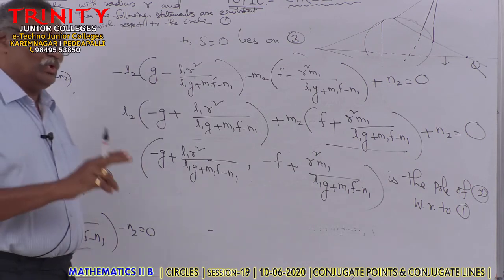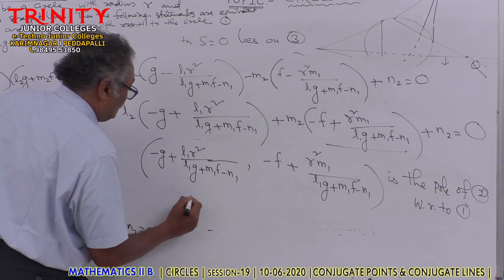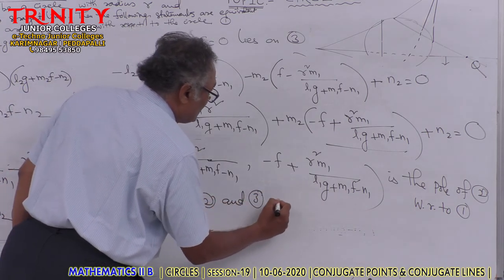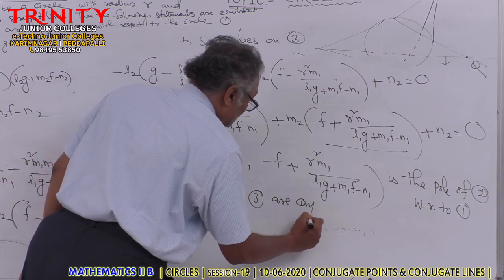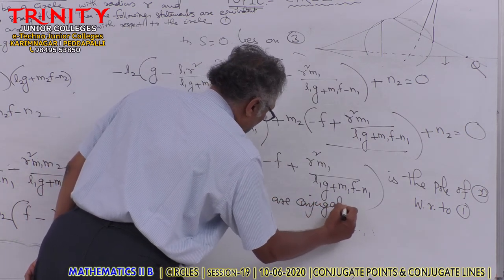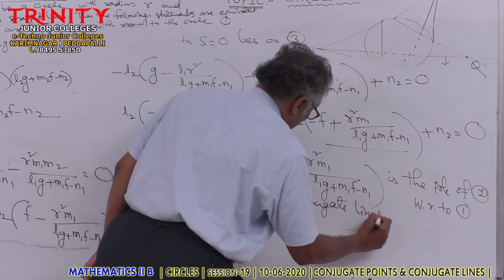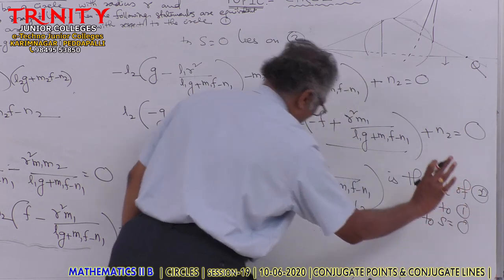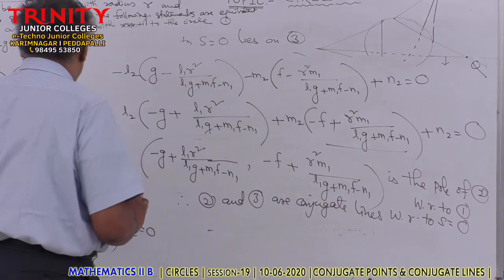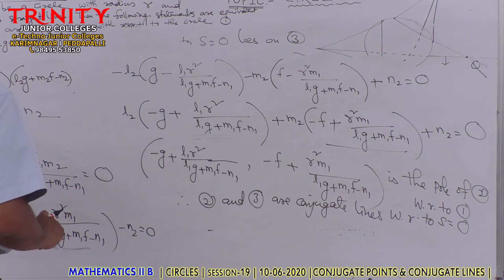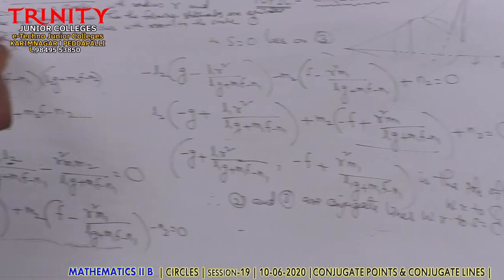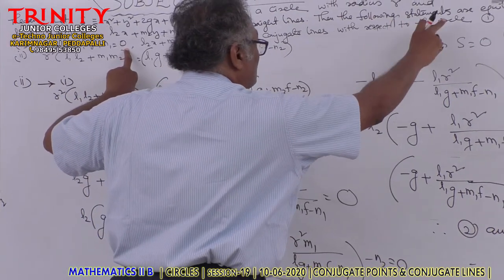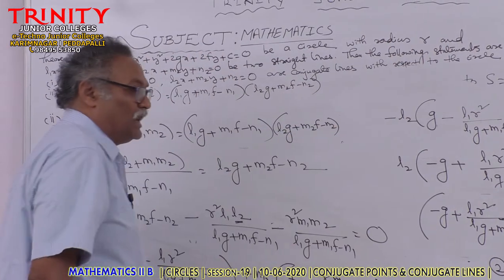So 2 and 3 are conjugate lines with respect to S is equal to 0, or L1x plus M1y plus N1 is equal to 0 and L2x plus M2y plus N2 is equal to 0 are conjugate lines with respect to the circle.